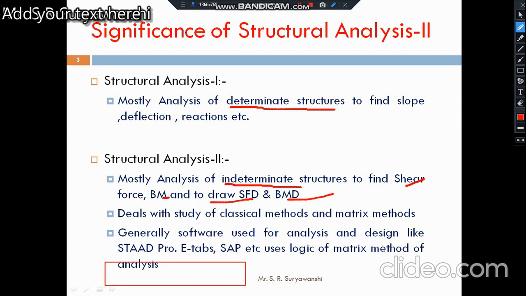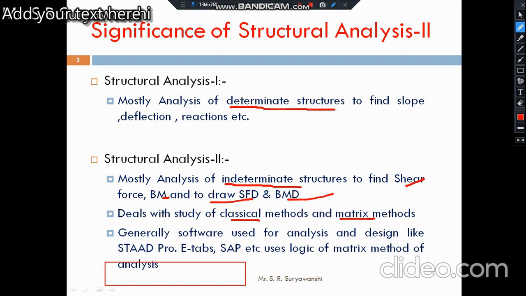For that we have to study classical methods and the matrix method. 70% of this subject deals with the classical method and the matrix method. There are two classical methods that you have to study: first the slope deflection method, second the moment distribution method.